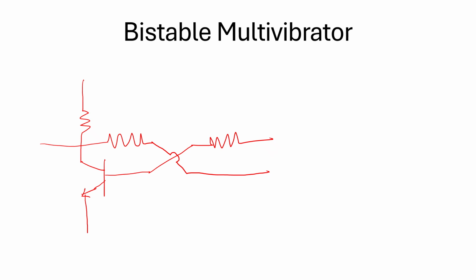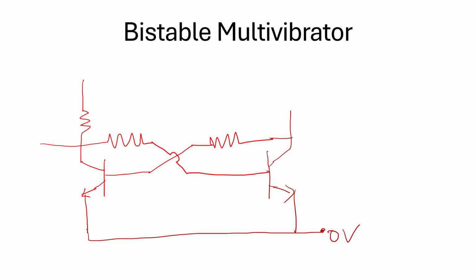Let me name the resistors. Yes, so it is shown this way, connected to 0 volts, and let me name this transistor Q1, transistor Q2.